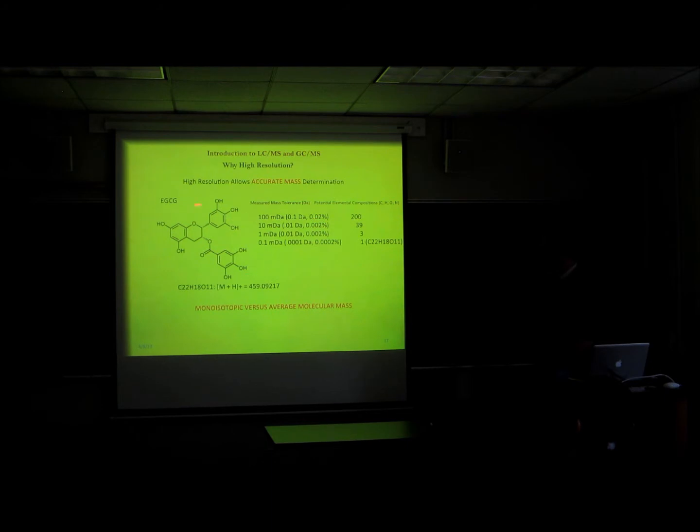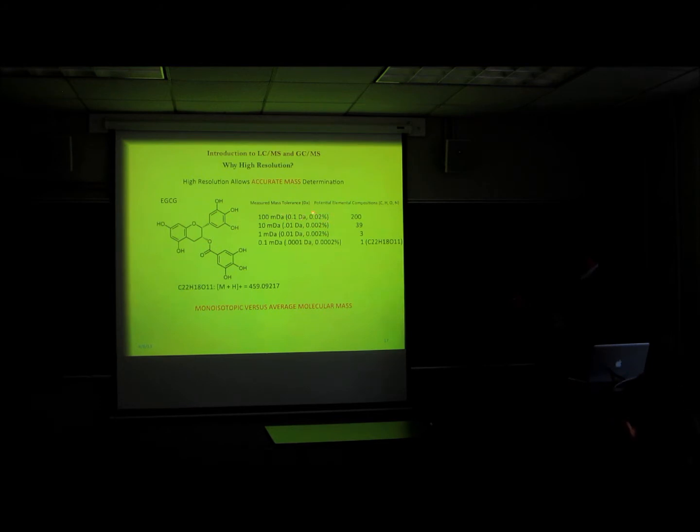If we had a putative compound, epigallocatechin gallate here, with an elemental composition of C22H18O11, the exact mass of the M plus H plus ion is 459.09217. If you use a mass analyzer that is accurate to within 0.1 Dalton, similar to a quadrupole mass analyzer, you get accuracies down to about 0.1 Dalton.